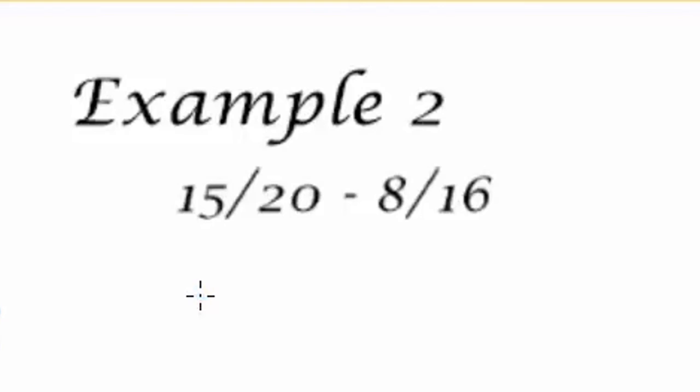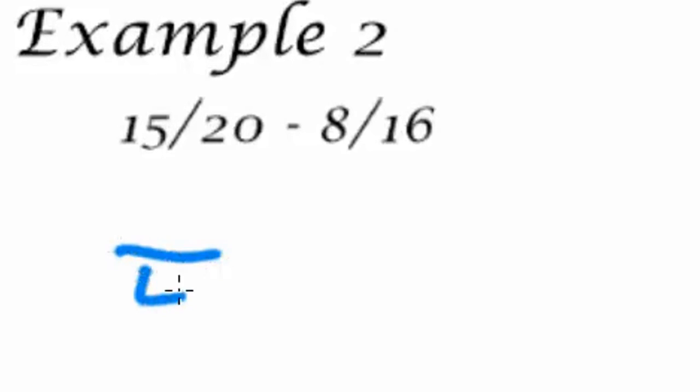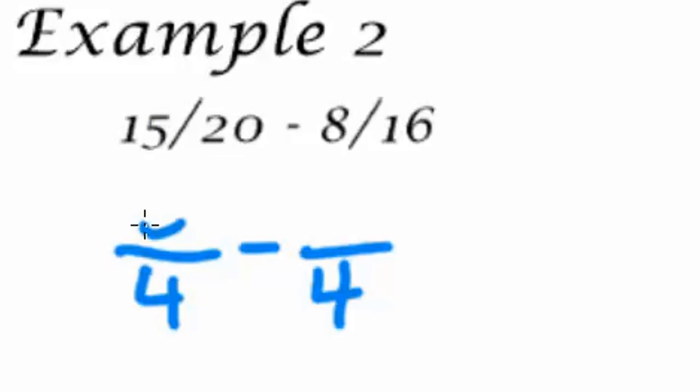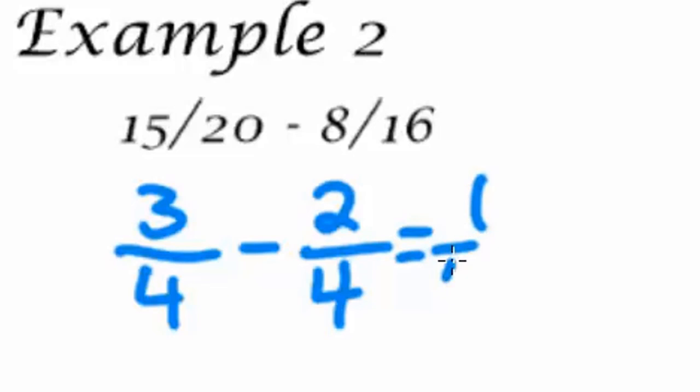So as we rewrite this, we can imagine both of them having the same denominator of 4. 20 divided by 5 is 4. So 15 divided by 5 is 3. And 16 divided by 4 is 4. So 8 divided by 4 gives me 2. Now they have the same denominator. 3 minus 2 is 1. The denominator stays the same as 4.